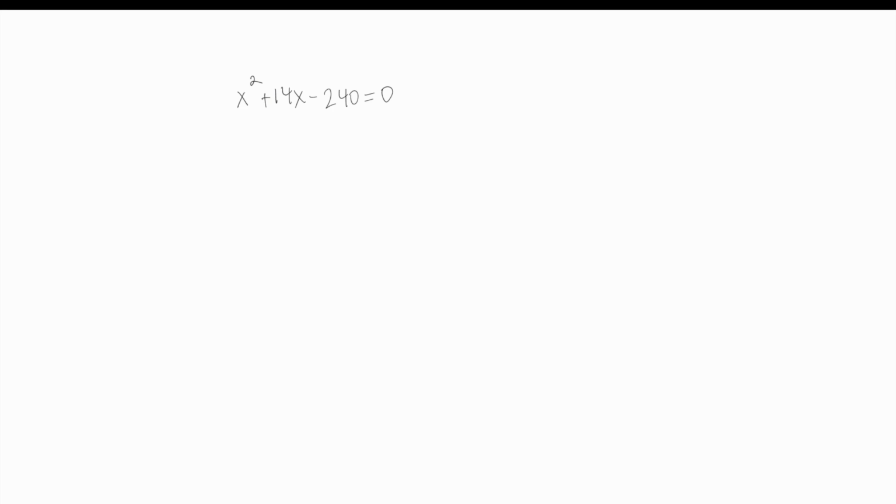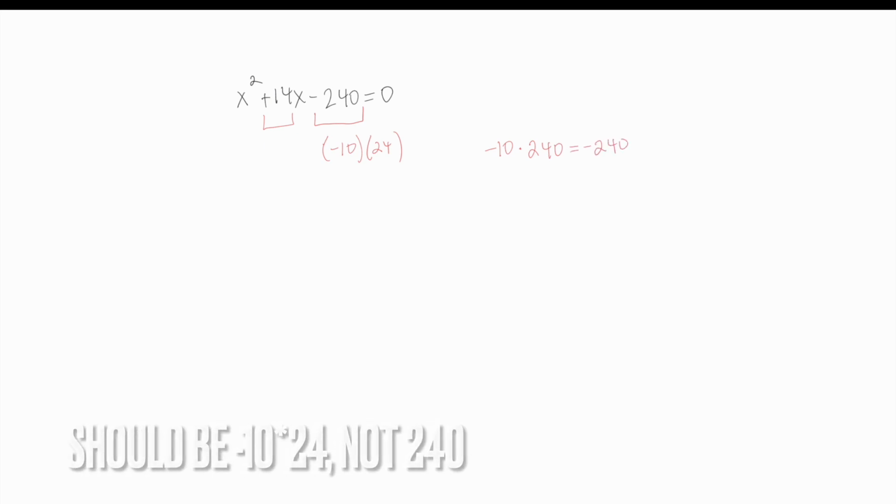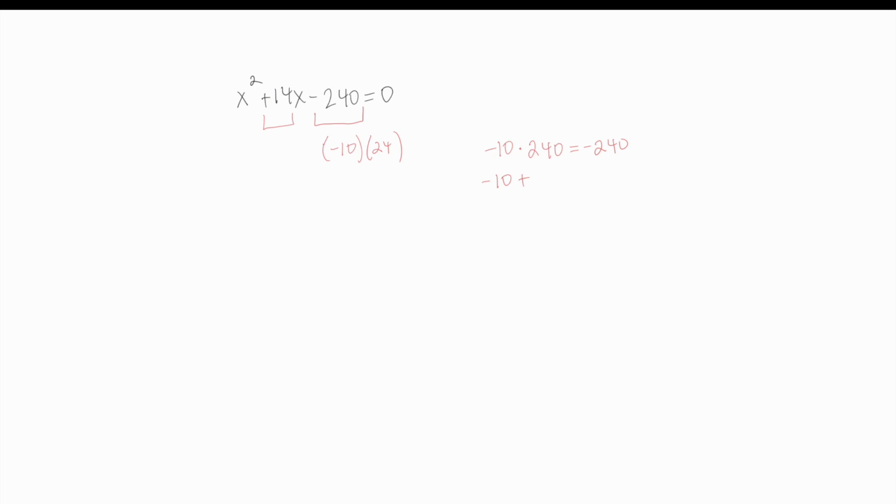What we need to do is find two numbers that multiply to negative 240 and at the same time add to 14. And I'm thinking that is negative 10 and positive 24. Let's check. Negative 10 times 24 is negative 240, which is what we wanted. And negative 10 plus 24 is positive 14.